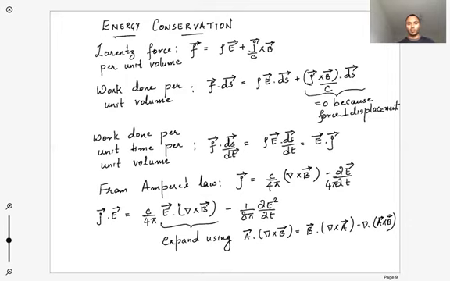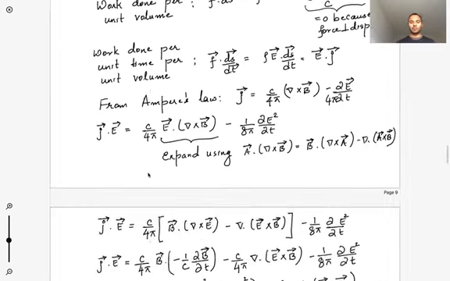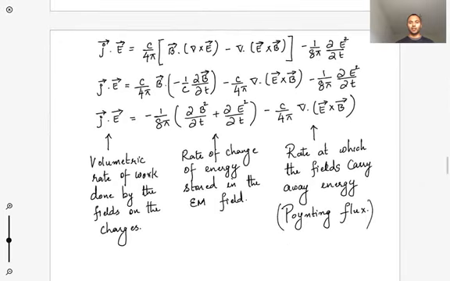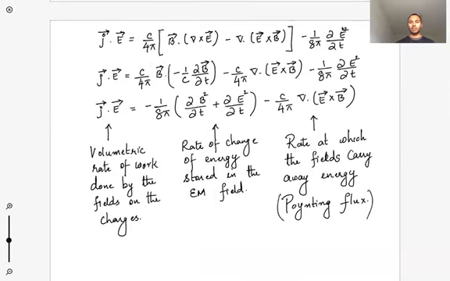Okay, so now this term can be expanded again. You expand this term by using another vector identity, which is A dot curl of B is B dot curl of A minus divergence of A cross B. So let's see what happens when you plug that in. So this term remains the same, and I've now expanded out the dot of a curl here.